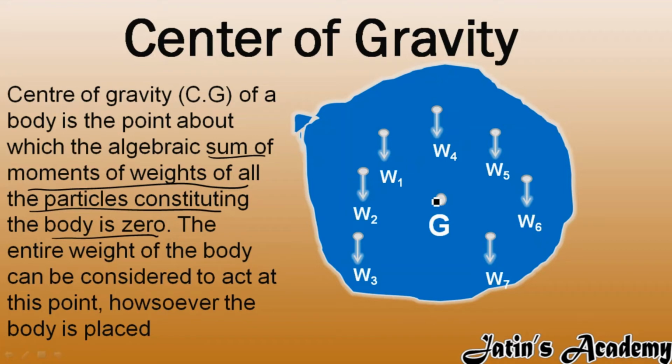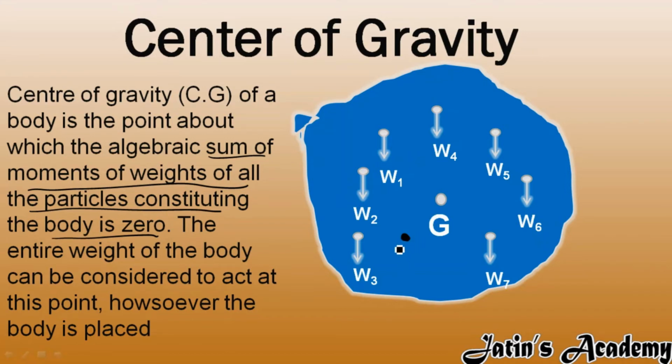For example, if I take the center of gravity at this point, then the sum of moments of weight about this point is not 0. So I am not considering this a center of gravity.